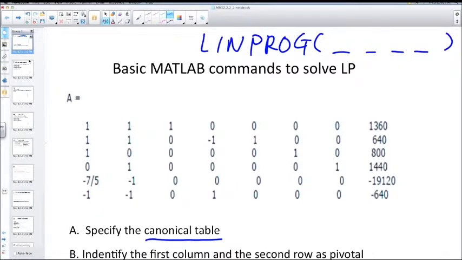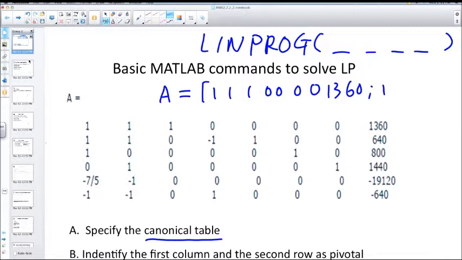That's a matrix. And in the MATLAB command, you can write it this way: A equals 1, 1, 1, 0, 0, 0, 0, 13, 60, semicolon, and keep going.